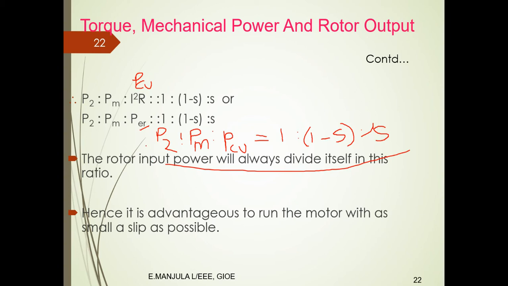So from this equation, if we know the slip and if you know P2, you can find out copper losses and you can find out PM. So from these, if you get any two values, you can get the other values also.